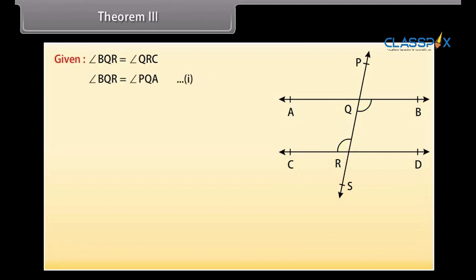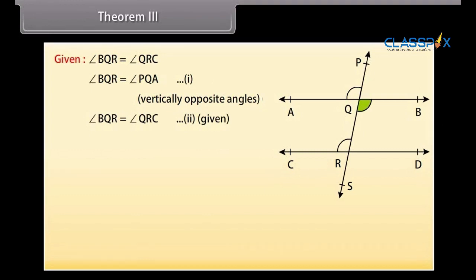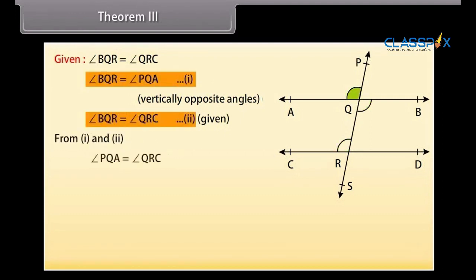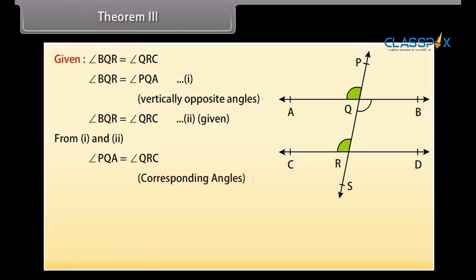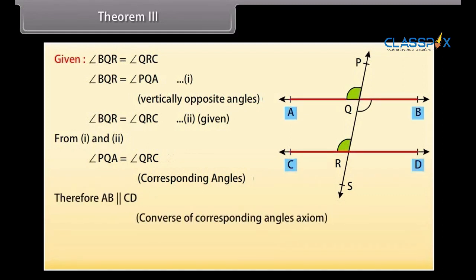Also, angle BQR is equal to angle PQA because these are vertically opposite angles. Mark it as 1. But angle BQR is equal to angle QRC given. Mark it as 2. So, from 1 and 2 you may conclude that angle PQA is equal to angle QRC. But they are corresponding angles. So AB is parallel to CD, converse of corresponding angles axiom.